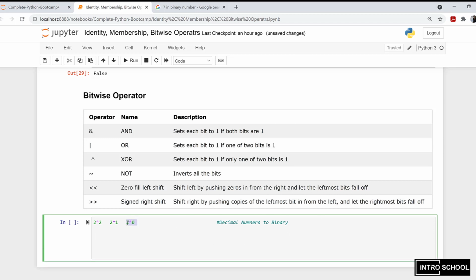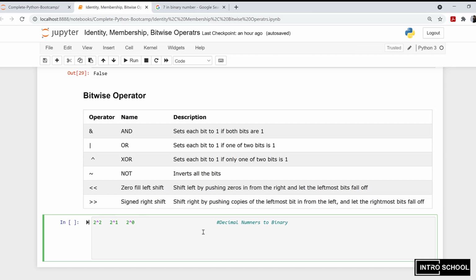This first value stands for 2 raised to the power 0, and any number raised to the power 0 is always 1. The second represents 2 raised to the power 1, which is 2. And this is 2 raised to the power 2, which is 4.